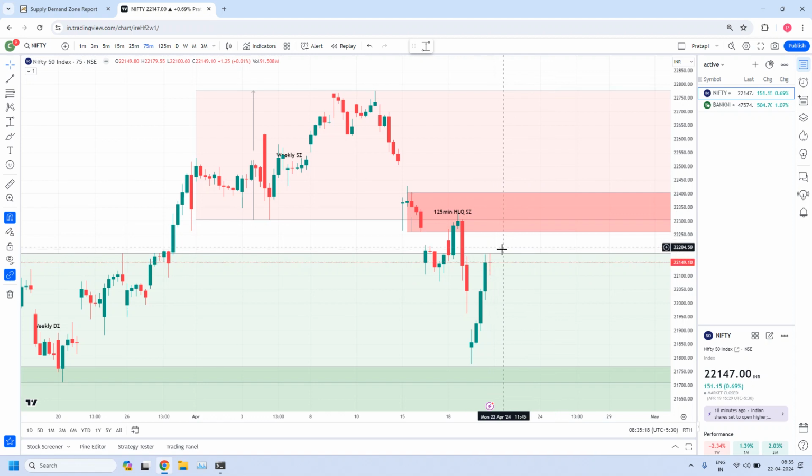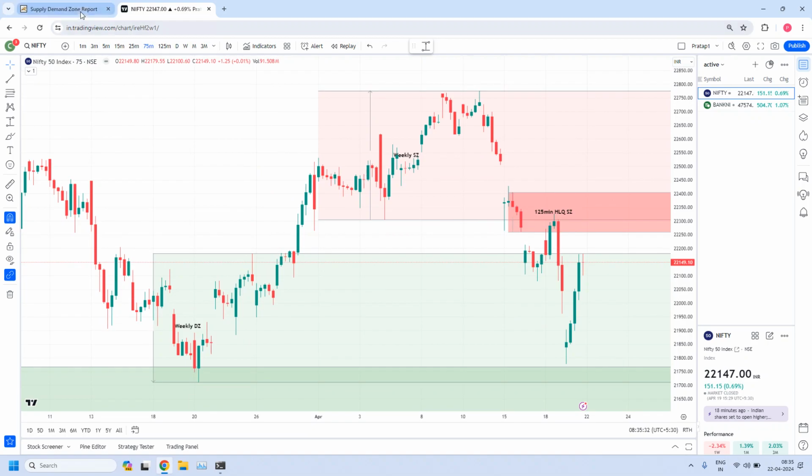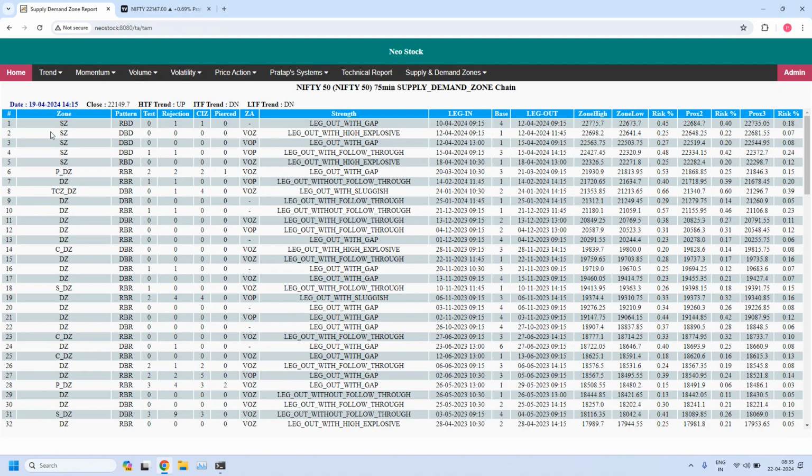In case the market opens with a gap up and prices go up, a new candle will be created, a 75 minutes demand zone. If it is down, supply will be created. Let us see what will happen to the market today. So this is a pierced demand zone. Let us leave it. The next demand zone is when? 14 to 11.45.